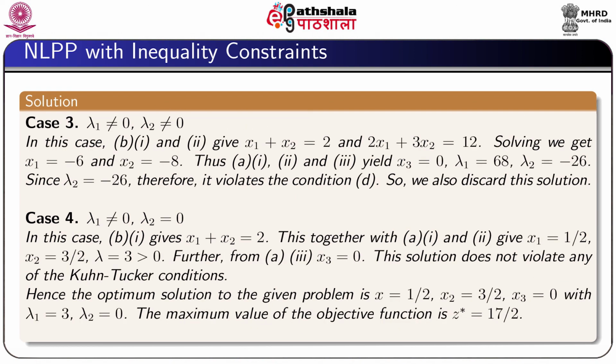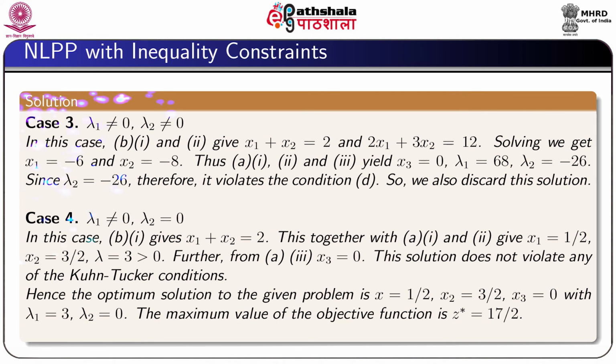Case 3: we suppose that lambda1 is not equal to 0 and also lambda2 is not equal to 0. The conditions 1 and 2 given in B give x1 plus x2 equal to 2 and 2x1 plus 3x2 equal to 12. Solving these equations, we get x1 equal to minus 6 and x2 equal to minus 8.